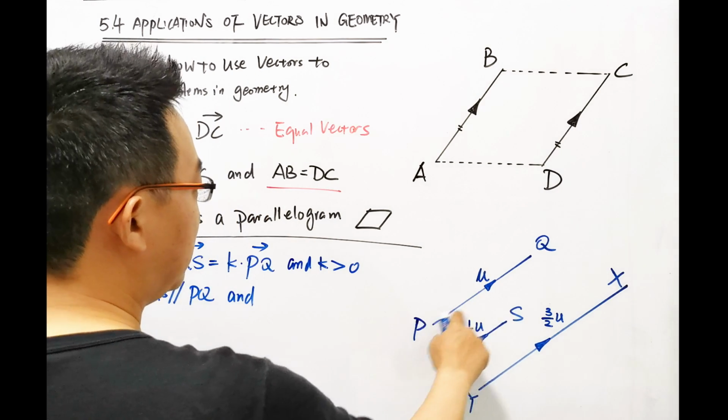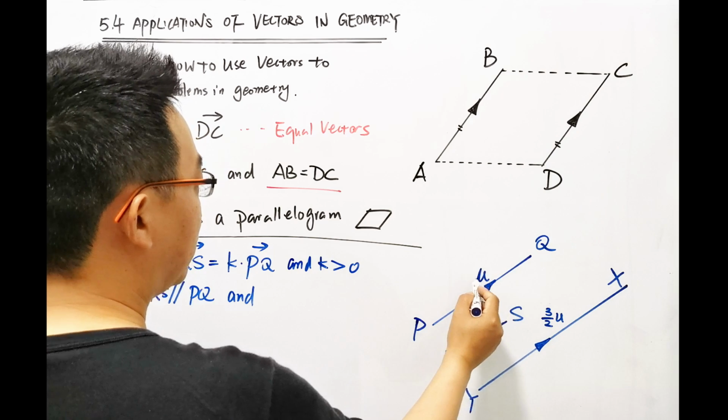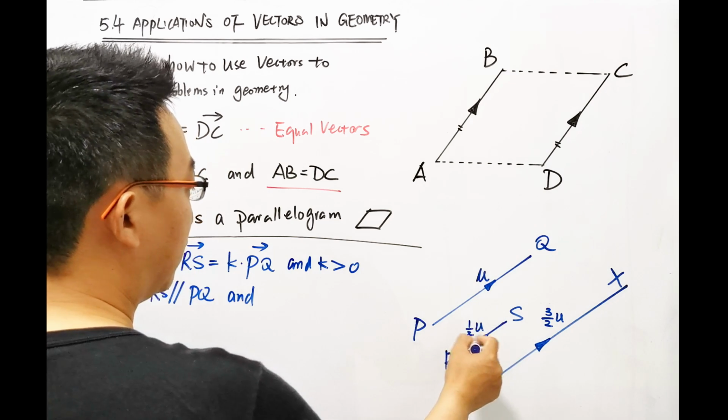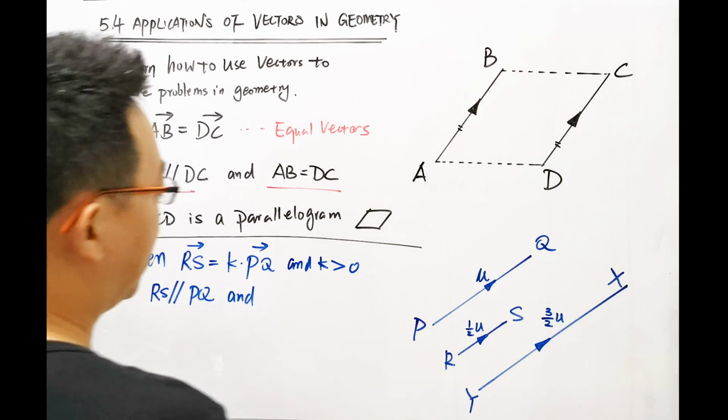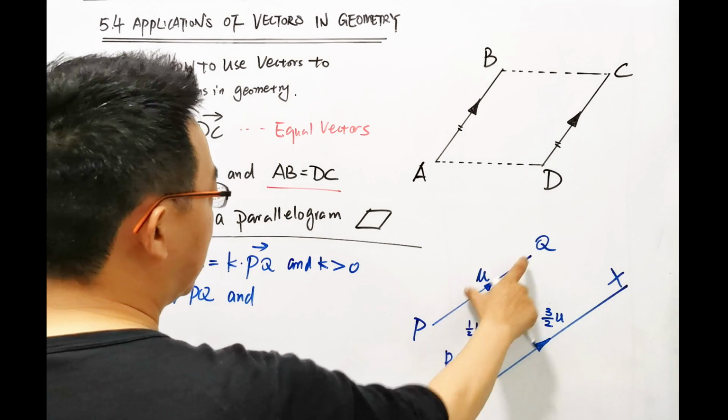In this case, the magnitude of RS is half of PQ's magnitude.